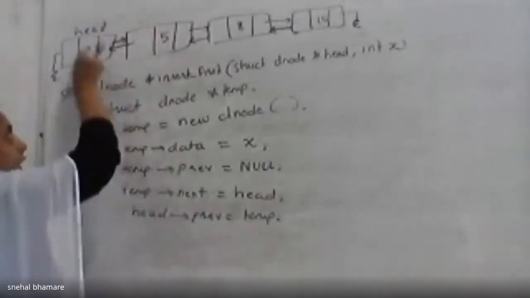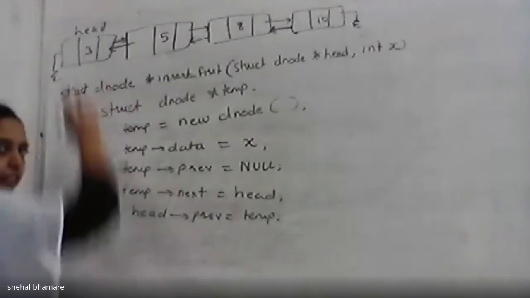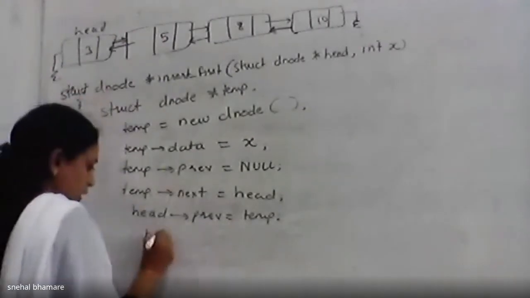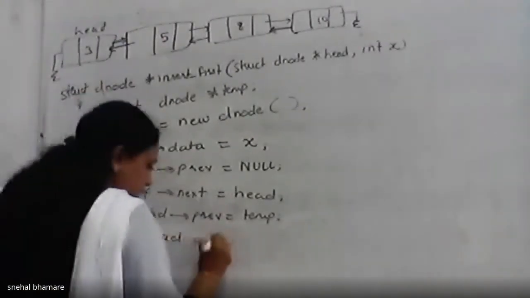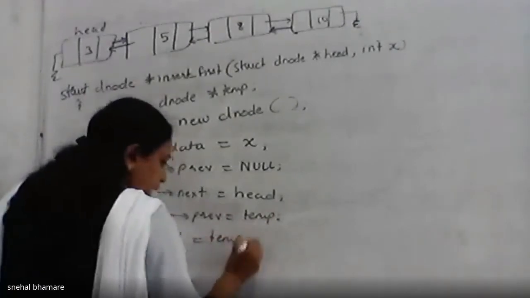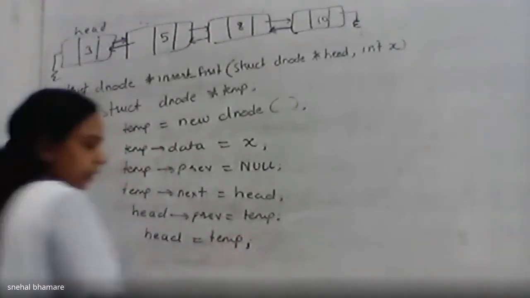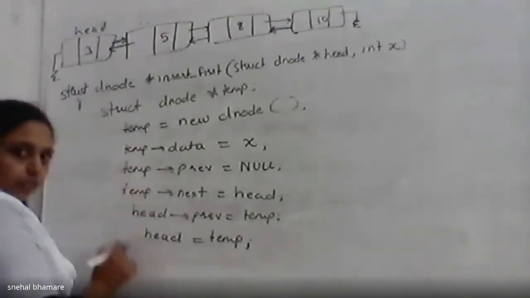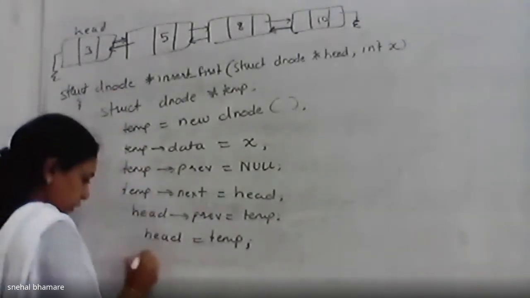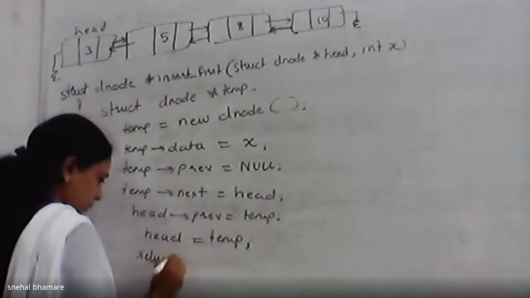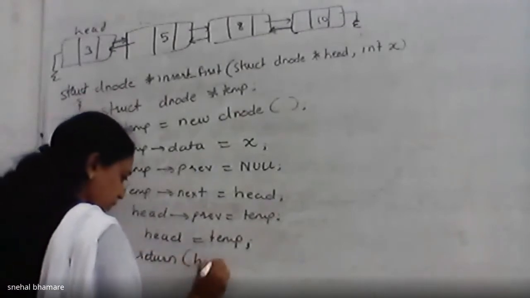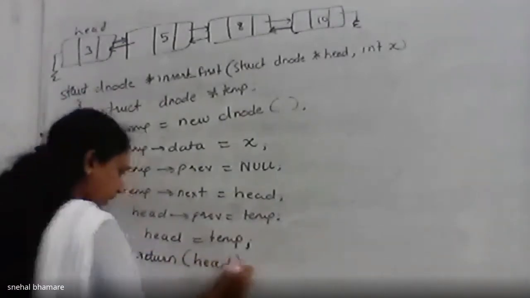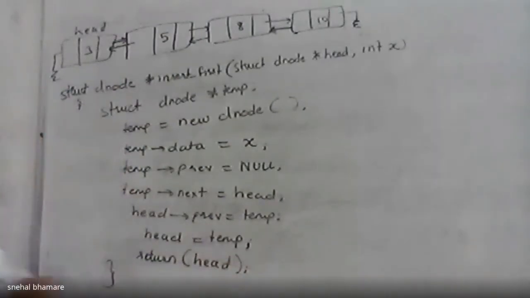And now you have to make this temp node your head node. So head equals temp. Right? After this, we have to return the head of the new linked list. So return head and close the function.